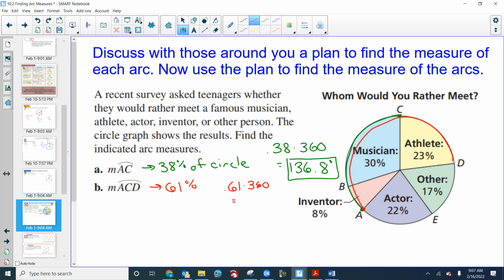Did you get 219.6 degrees? And you're going to miss points if you leave off the units of measure here. This one's degrees. If you just don't put anything there, I'm not going to know whether you knew it's percent or degrees. That's kind of part of the problem. So you have to know that, right? 61% of the circle is 219.6 degrees.